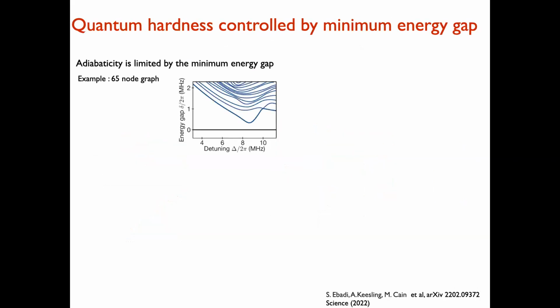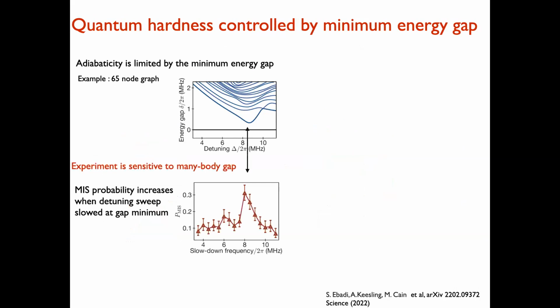It turns out that quantum hardness is determined, not surprisingly, by the smallest energy gap. The way we see this is that when you optimize the quantum algorithm, it slows down exactly at the point where the gap is smallest, at least for instances where we can classically find the spectrum.